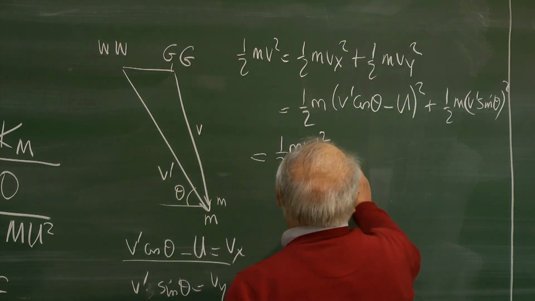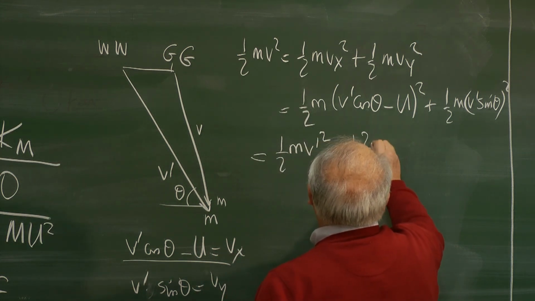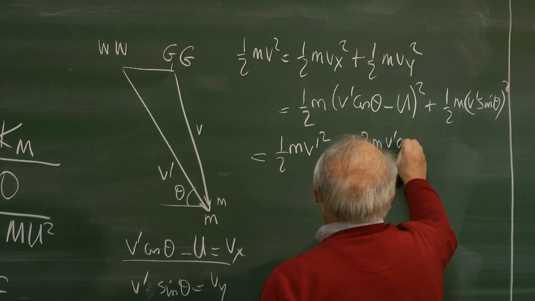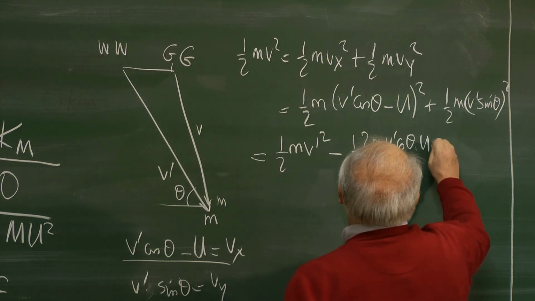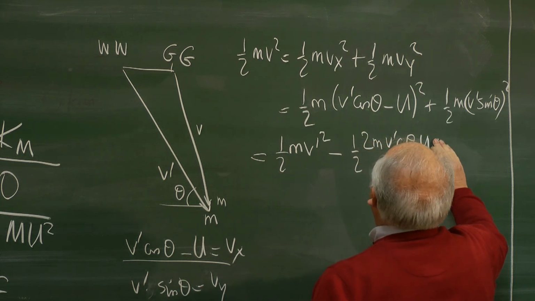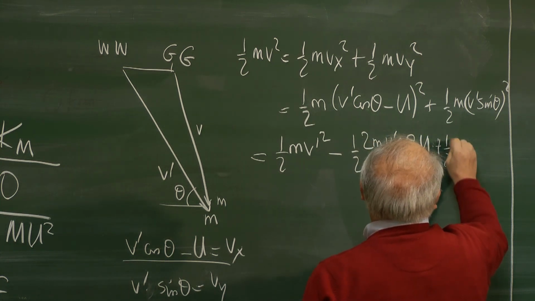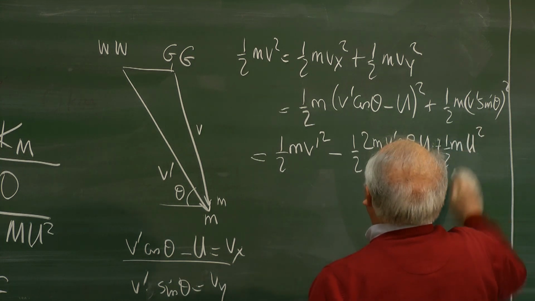Then I have 1/2 times 2m V prime cosine theta times U plus 1/2 M U square.